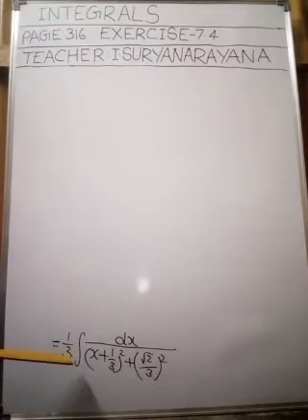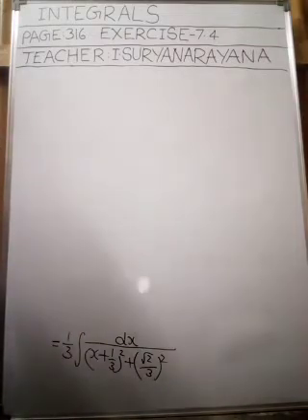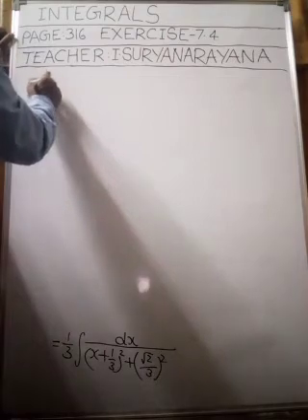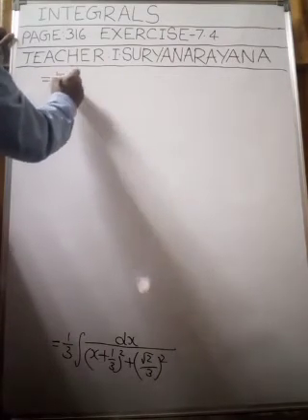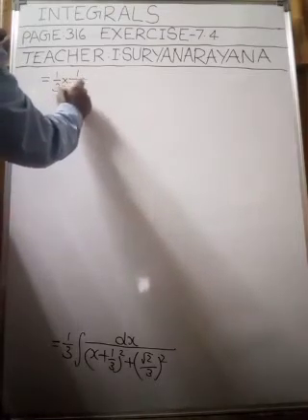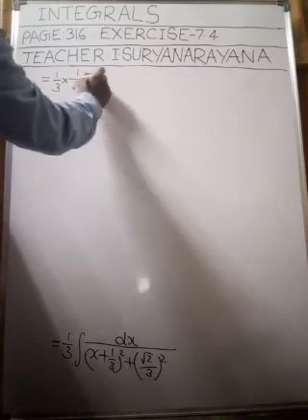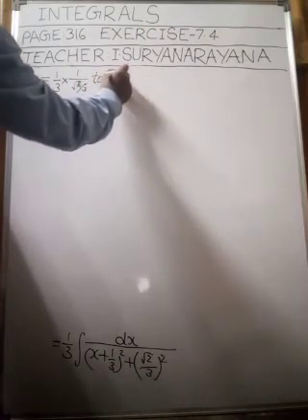Now come to this step, my children. It is in the form of integral dx by x square plus a square. Previously I told you it is in the standard integral formula. What is that formula? I will apply here 1 by 3 into 1 by a. What is a here? Root 2 by 3. 1 by a, tan inverse of x by a.